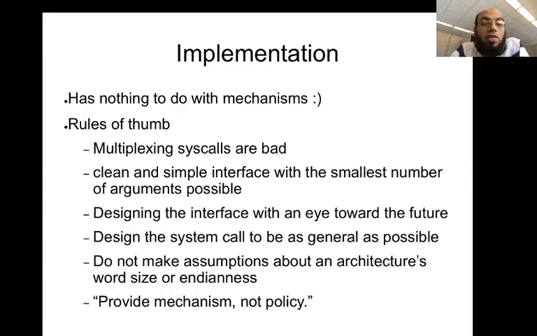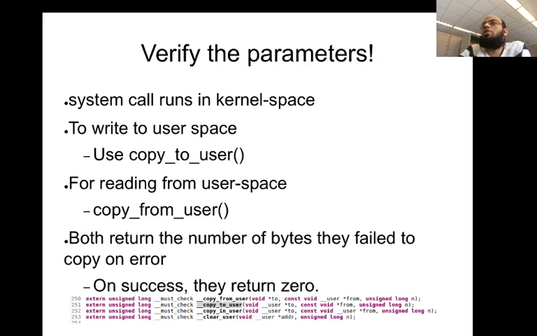You should not make assumptions about what architecture you're running on if you want your system call to be actually generic and run on different architectures. And you should provide mechanisms, not policies. So your system call should be a mechanism to do something rather than a solution. This is basically some design principles in general.